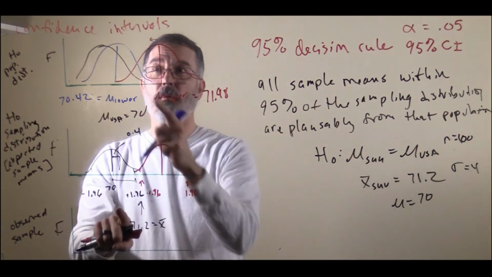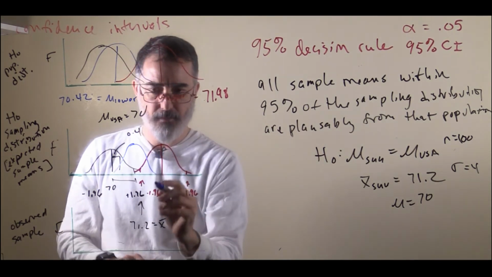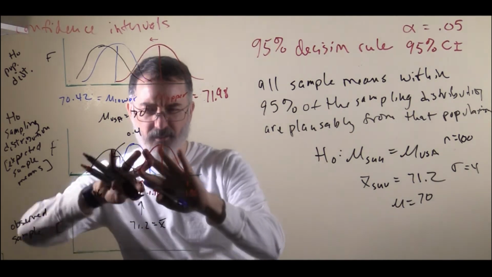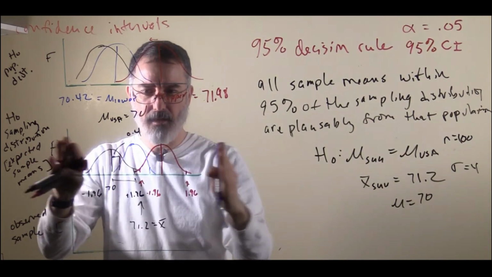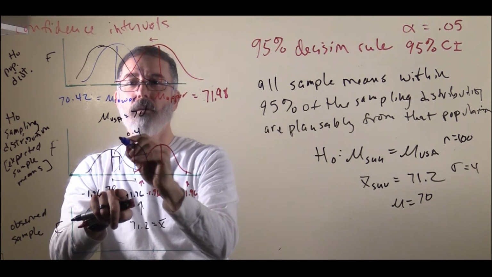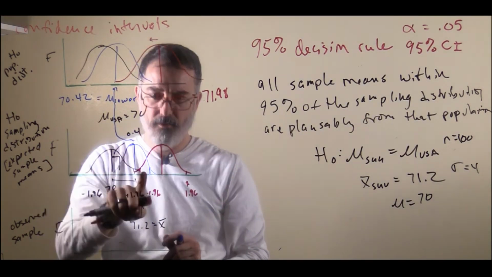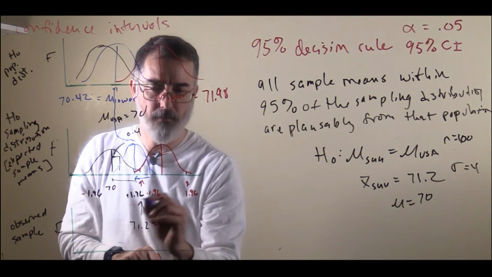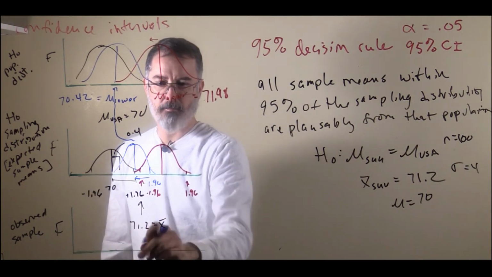Then we did the same for our lower limit, something like that. Sorry, these distributions are not exactly aligned properly, but this is where the sample mean was, and this had the same location as that, and that's how we determined the lower limit to be 70.42, because that was 1.96 standard deviations above the sample mean.